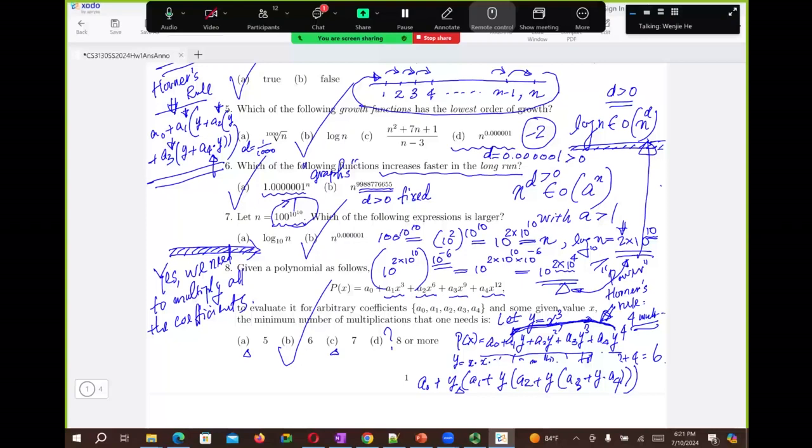Then you enjoy the result: we just need 4 multiplications. And Horner's rule is a general result. When we have a degree n polynomial, we need at most n multiplications. Yes, we are factoring out, inside and out.